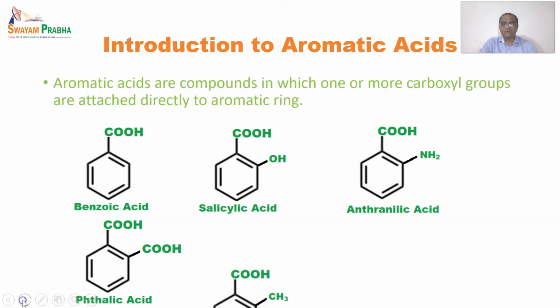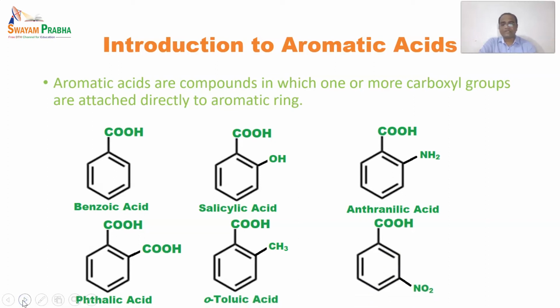It is also a pharmaceutically important compound. After that, ortho-toluic acid and m-nitrobenzoic acid. Ortho because the methyl group is at the ortho position, and m because the nitro group is at the meta position. These are some representative examples of aromatic acids.